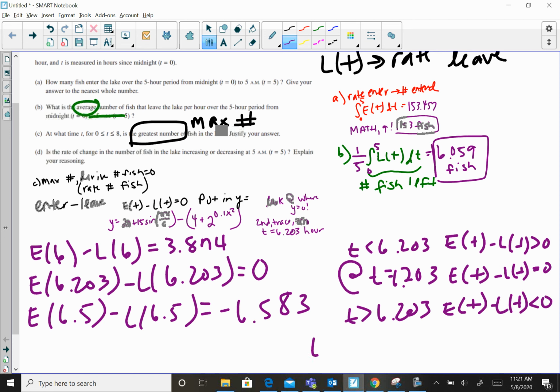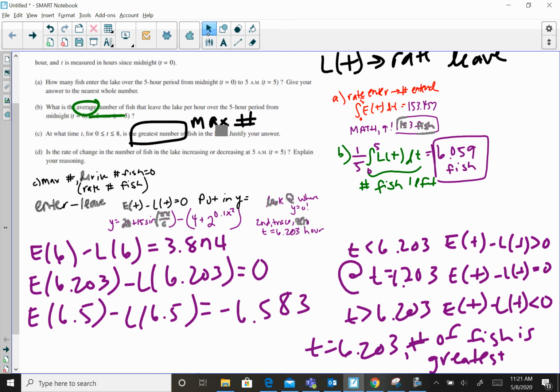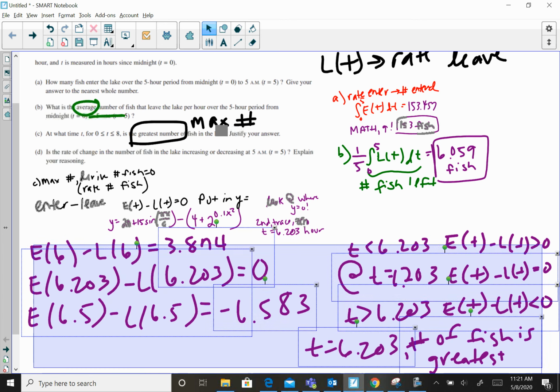So that means when time is 6.203, the number of fish is maximum. Is the greatest. Number of fish is maximum. Sounds funny, but they're not judging your grammar, so that's fine.